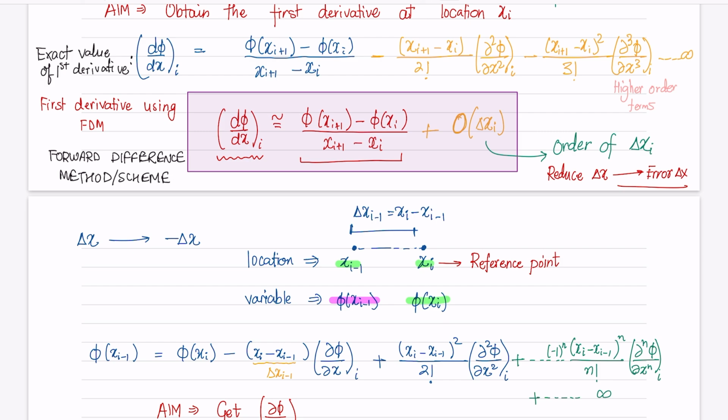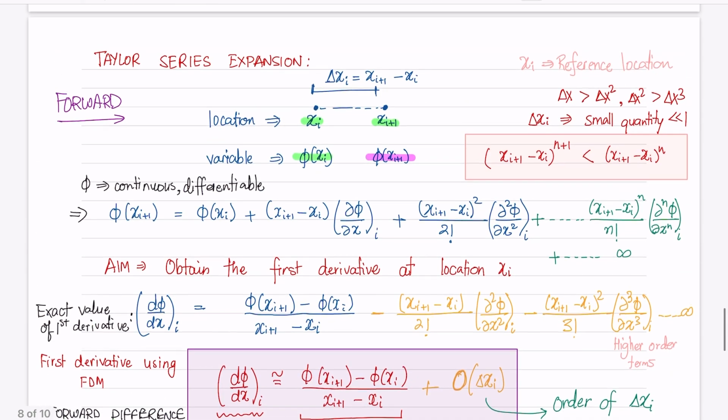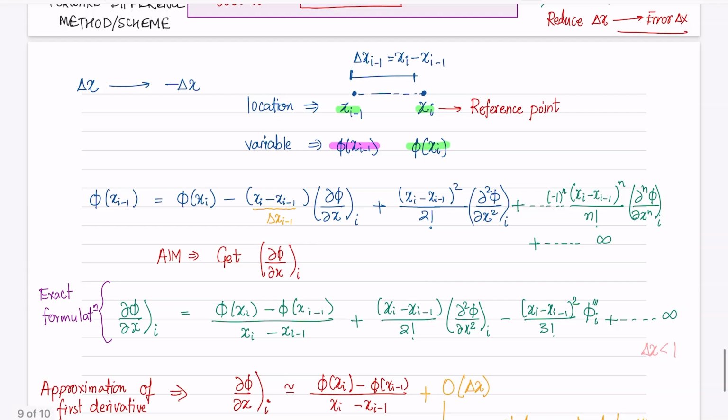So the key takeaway here is that in the forward difference method, our reference point is slightly behind. That is, the neighboring points are lying in the forward direction only. Whereas in the approximation that we did today, the reference point is sitting here and the neighboring points are going in the opposite direction or in the negative direction.